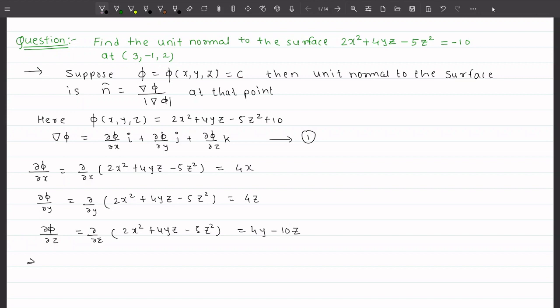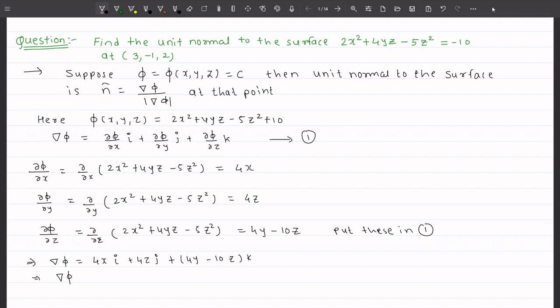So we can write the gradient of φ, putting these in equation 1: 4x i + 4z j + (4y - 10z) k. Now we need to calculate the gradient at the point (3, -1, 2).